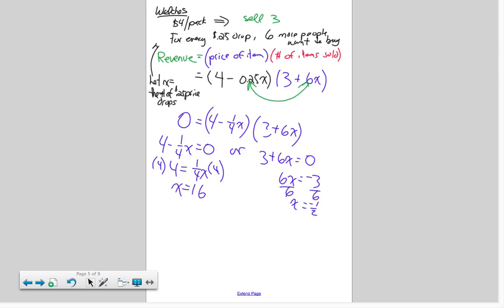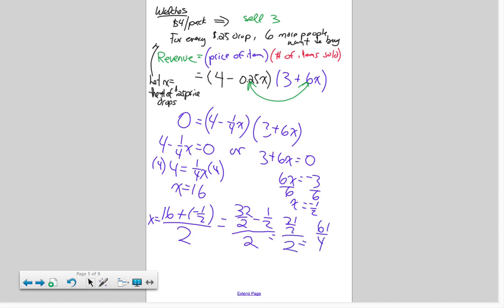Here I get 16 plus negative 1/2 over 2, so x is equal to 32 over 2 minus 1 over 2, divided by 2, which is the same as 31 over 2 divided by 2, which is the same as 31 over 4. At this value of x, I will receive my maximum revenue.